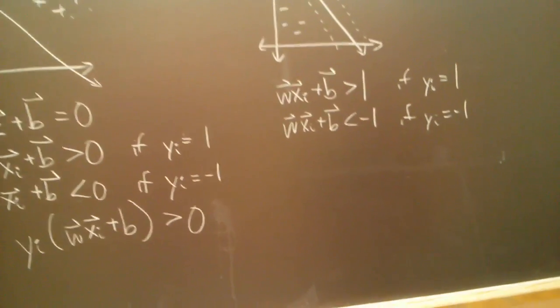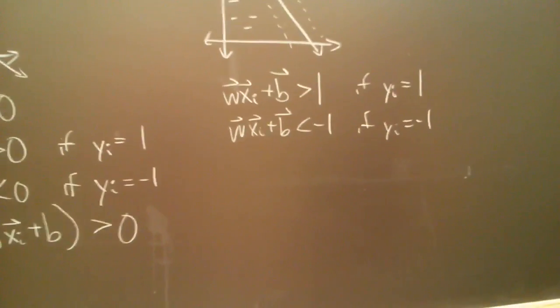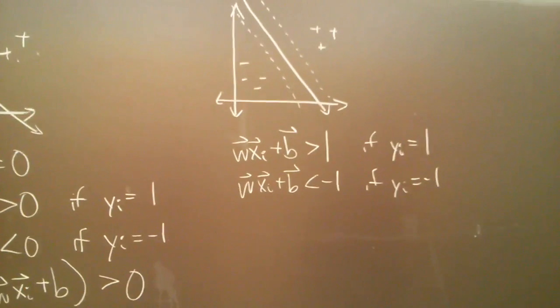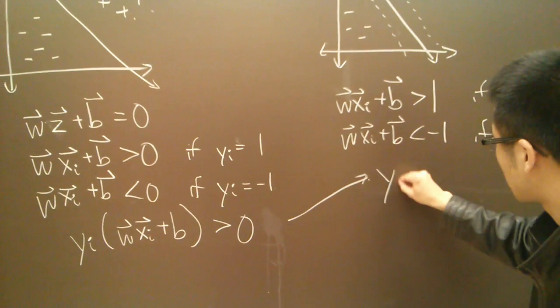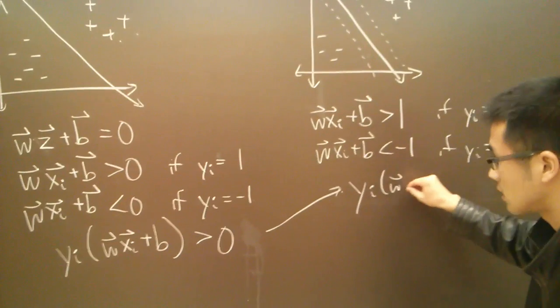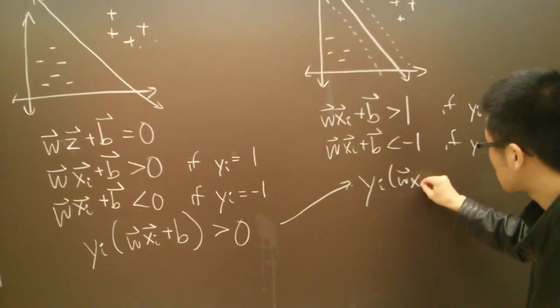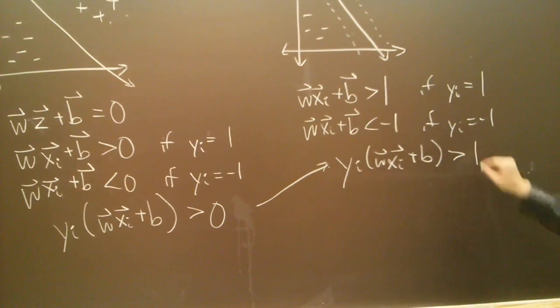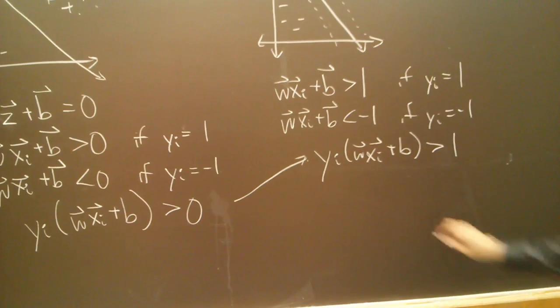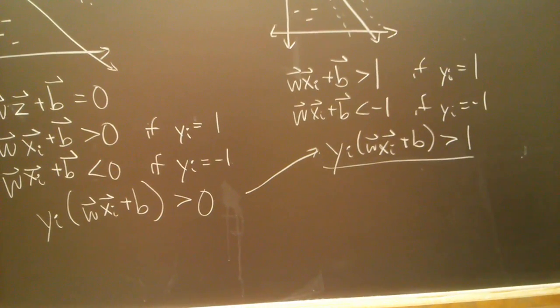Okay. So then we can put this into this form again to be more concise: yi(w·xi + b) is greater than 1, right? So this is what we want in that classifier. This is our constraint.